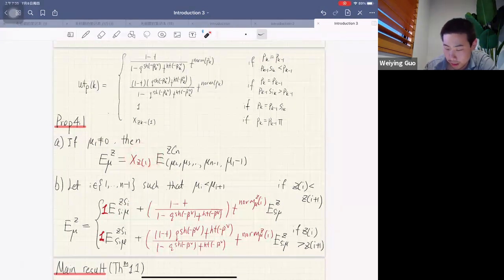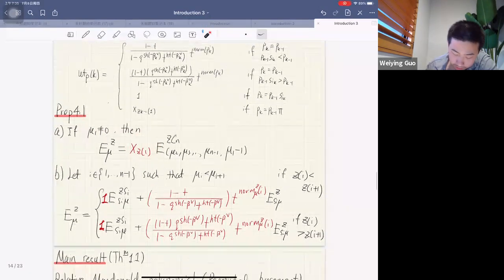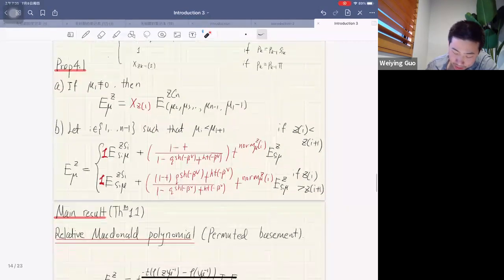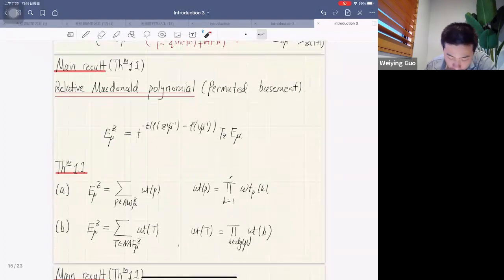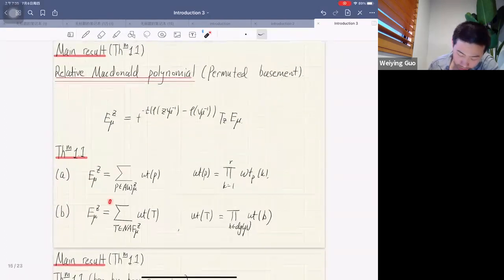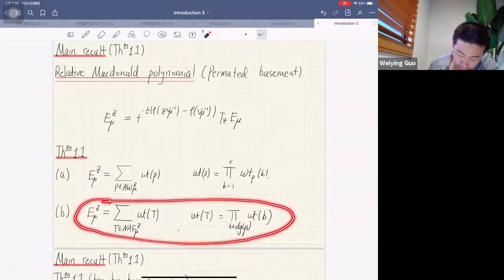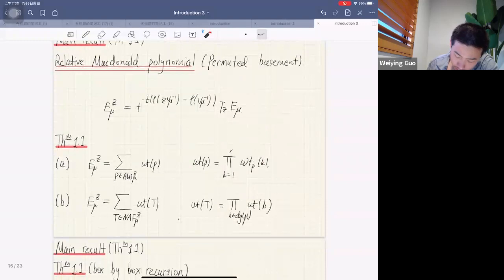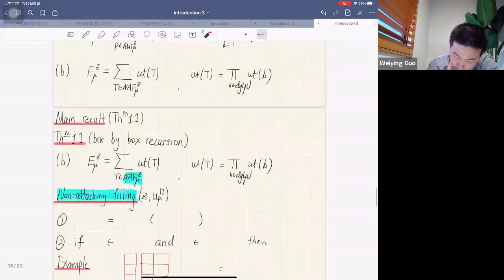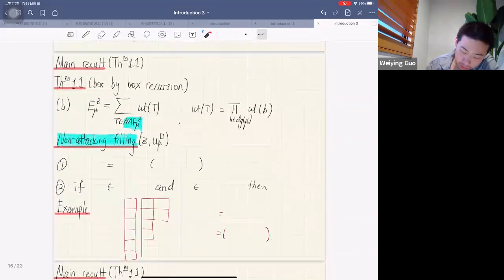So we have a tau pi here and a tau i check here. And now we are looking at how we do the box-by-box recursion on the non-attacking fillings, which is the second part of our result.